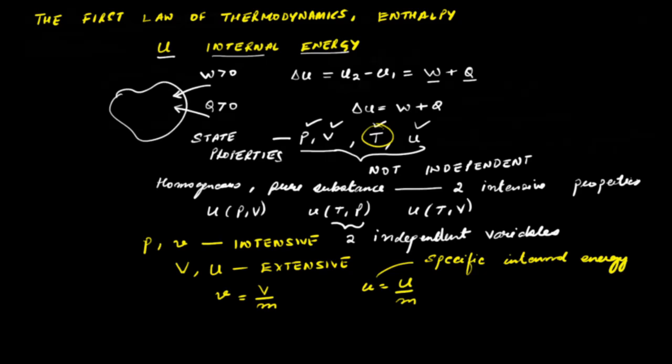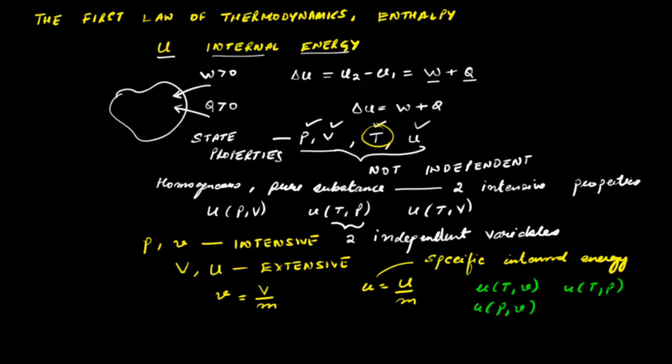And when we look at specific internal energy, because we are dealing with a unit mass only, then the specific internal energy will be a function of two intensive properties, which could be T and v.